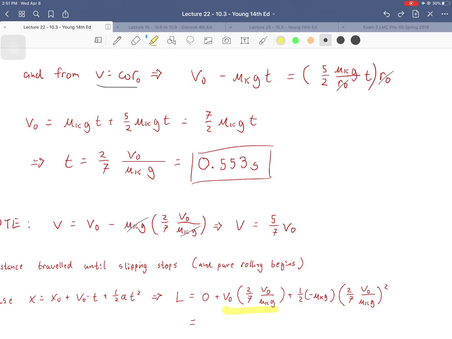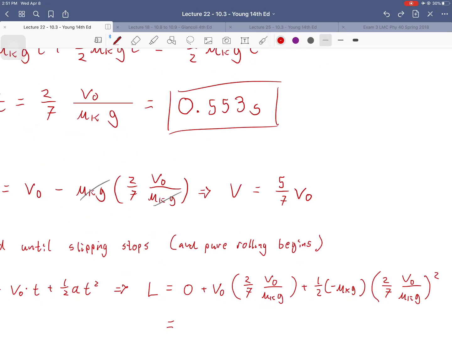Those are going to give us like terms. These two are both like terms, as they have to be in terms of dimensions, and we can directly combine them. So let's think about what they become. They're both going to have the form of v naught squared over mu kg. You can see that just by looking at it, because we have an excess mu kg since it's squared, but one of them will cancel. And there's a negative here, because the negative would come out.